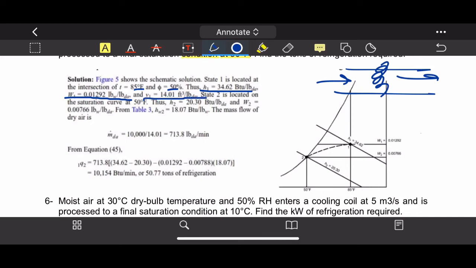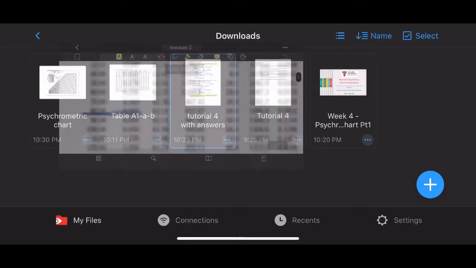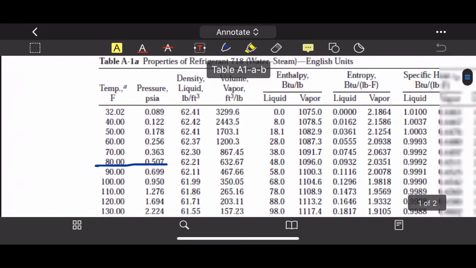State 2 is located by using the saturation curve, which means it reaches 100% relative humidity at 50 degrees Fahrenheit, and H2 is 20.3 BTU per pound of dry air. Omega is 0.00766 pound of water per pound of dry air, and from table 3, H water 2 is 18.07, which is from this table at 50 degrees Fahrenheit, right?